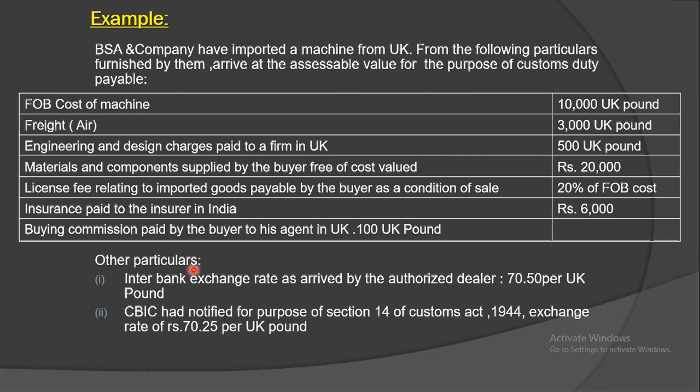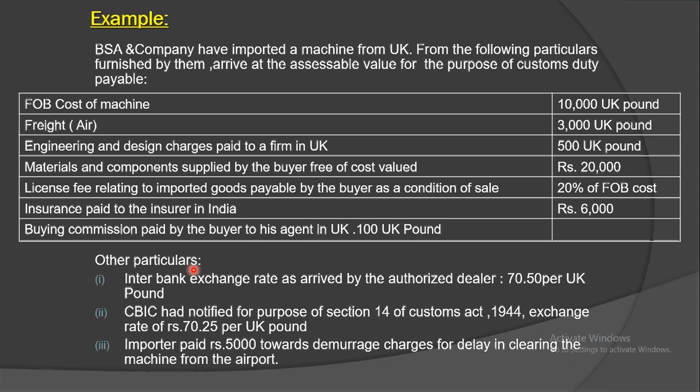The CBIC has notified the rate as 17 rupees 25 paisa per UK pound. And the importer paid 5,000 rupees toward demurrage charges for delay in clearing the machine from the airport. We will not add this because it is at the end of the importer for delay in clearing the imported goods. So we will not add this in the assessable value.